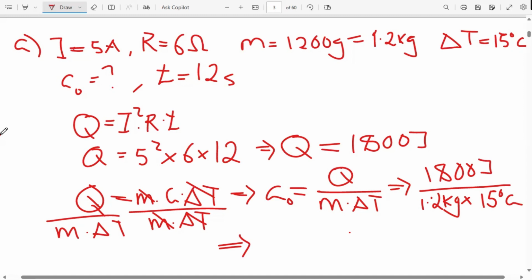Okay, so I'm going to get 1800 joules over 18 kg degrees Celsius, like that.